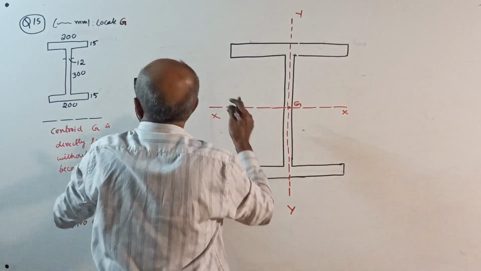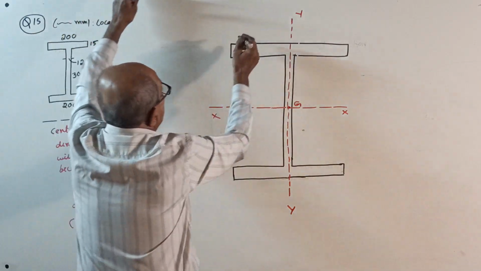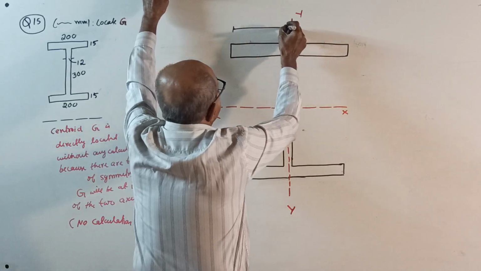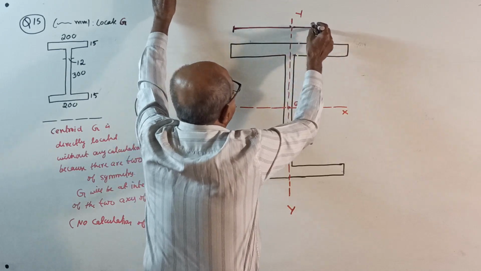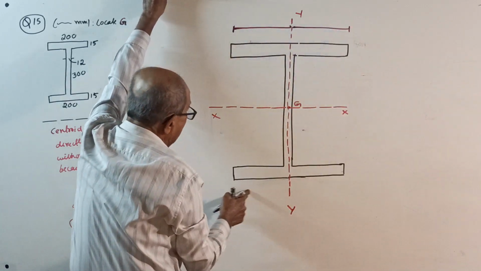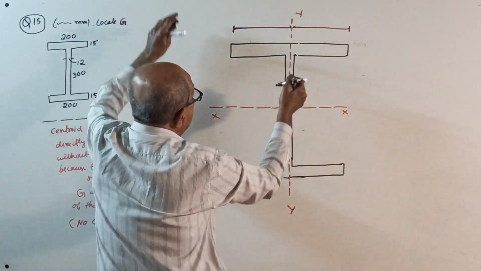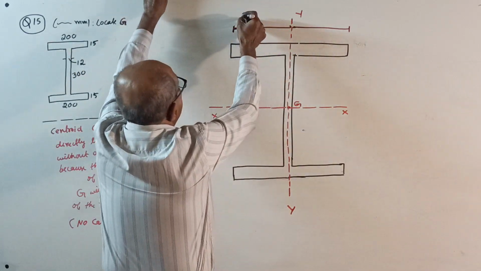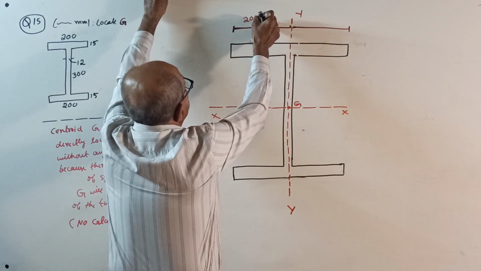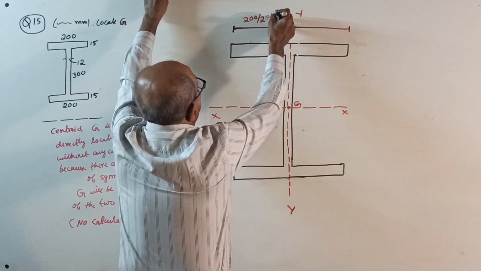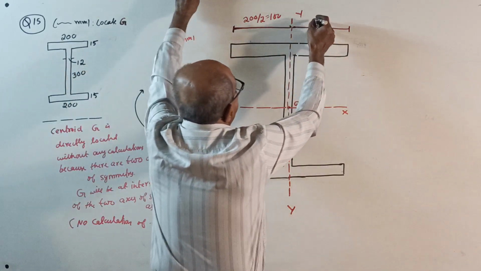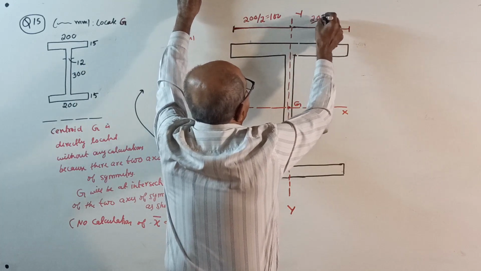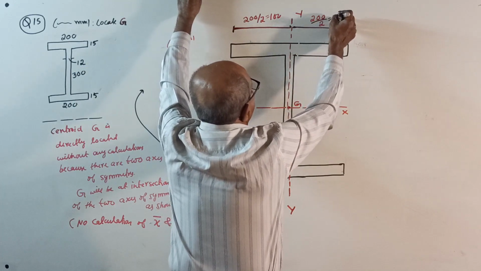Now, see here. Full width 200. So, if you want this distance, location, if you want this distance or this distance, that is here also same thing, whatever there, same here also. Since this full is 200, it is 200 by 2 equal to 100, all dimensions in millimeter, and this also 200 by 2 equal to 100.